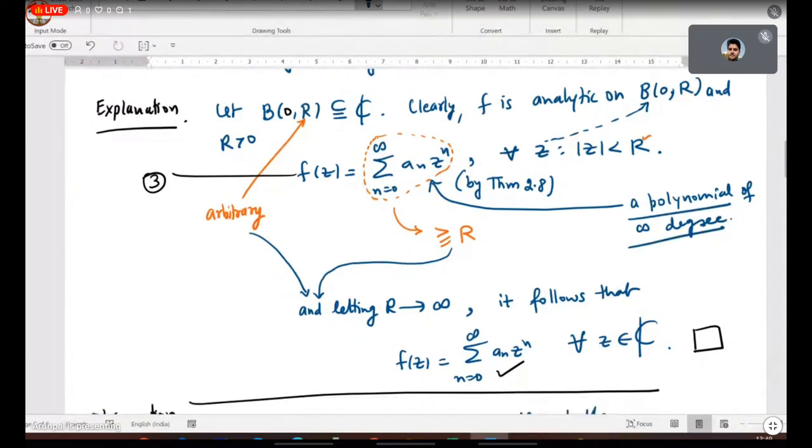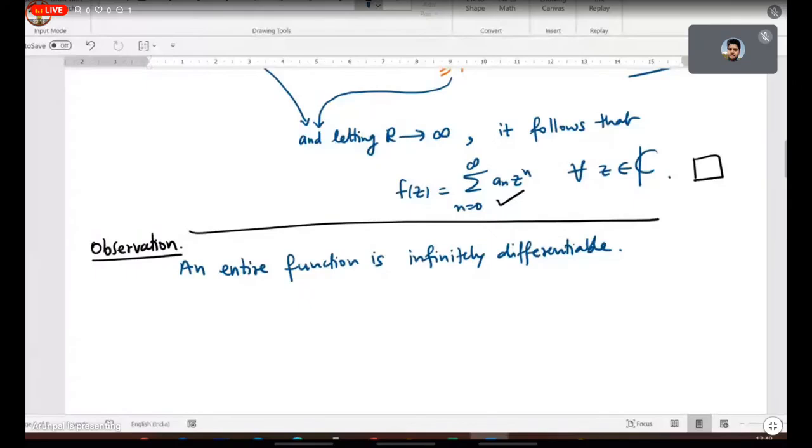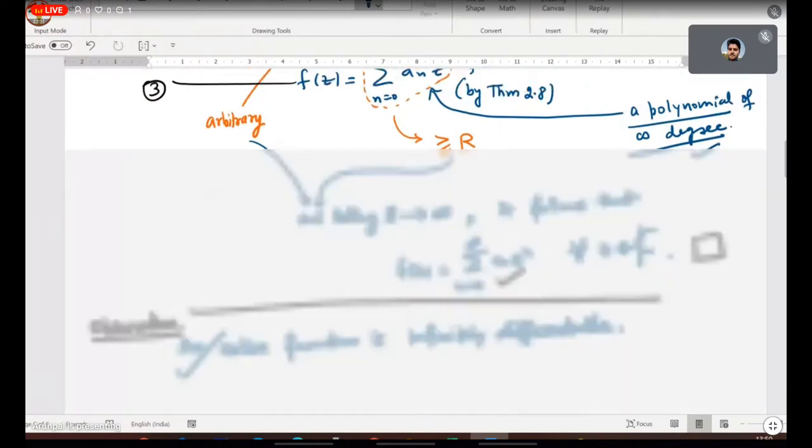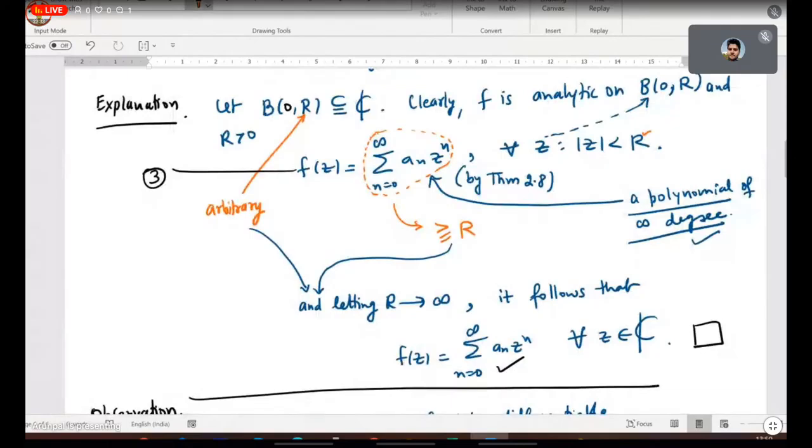So in a way, I am trying to say that this is a property of entire functions, the property of infinite differentiability, which I can say is inherited from the polynomials in some sense, and it is possible because we are able to write a power series expansion for an entire function.